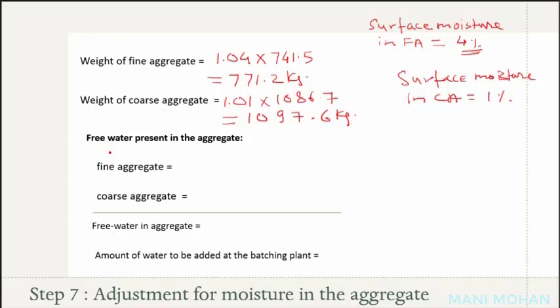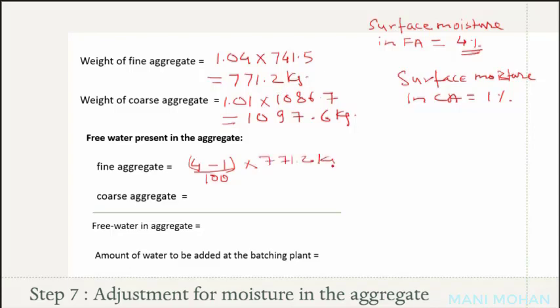Now we have to know what free water is present in the aggregate. I would like to know what is the amount of water contribution from fine aggregate. So this free water is nothing but surface moisture minus absorption. Surface moisture is 4% for fine aggregate, whereas the absorption in fine aggregate is 1%. So 4 minus 1 divided by 100 into the weight of fine aggregate which we are using, 771.2 kg.